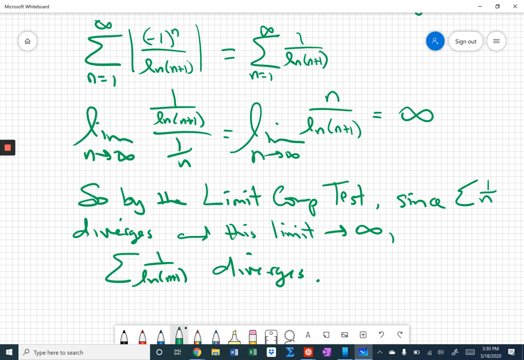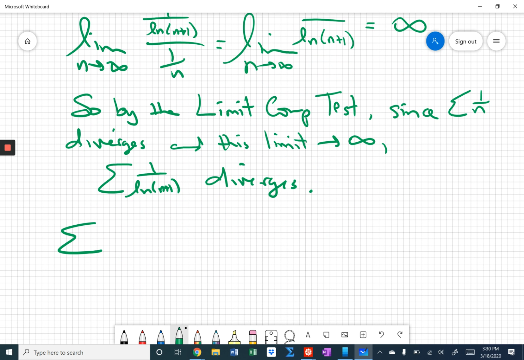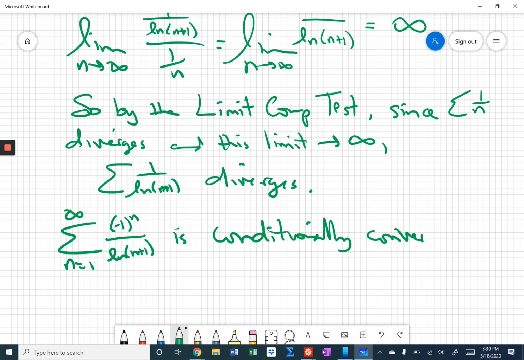And so the original series, the sum from n equals 1 to infinity of negative 1 to the n over natural log of n plus 1, is conditionally convergent.